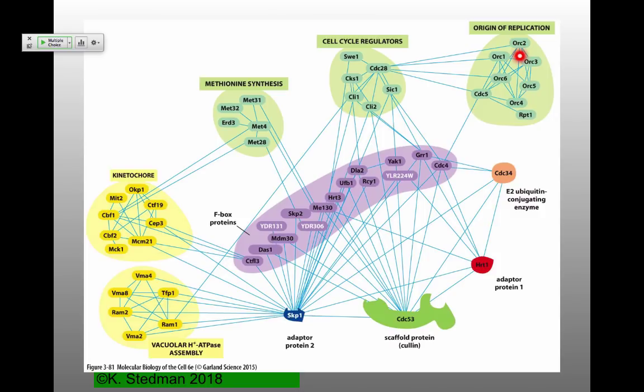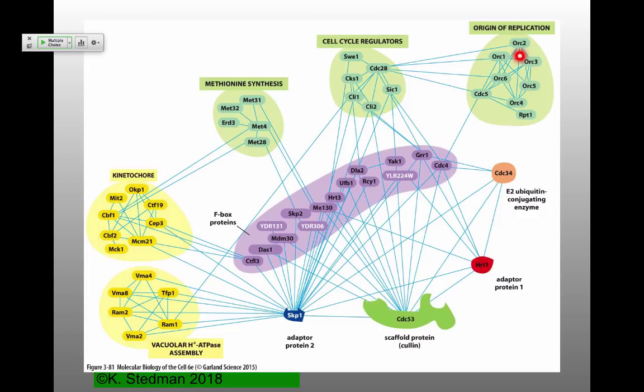In some of the cases in here, this is a particular example where people didn't know that some of these proteins were getting ubiquitinated, but they saw that they were interacting with each other, and just guilt by association, if MET30 and MET31 are interacting with each other, and you know MET30 interacts with the cullin, it means that MET31 is probably going to be ubiquitinated. But just through these interactions, you can make predictions about what happens with a number of these different proteins.